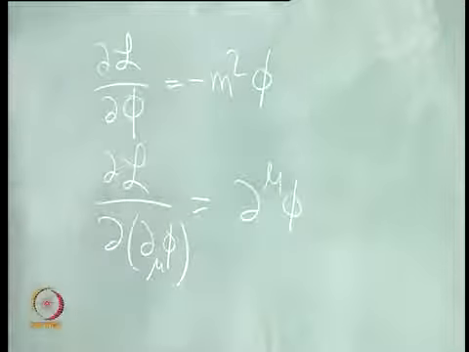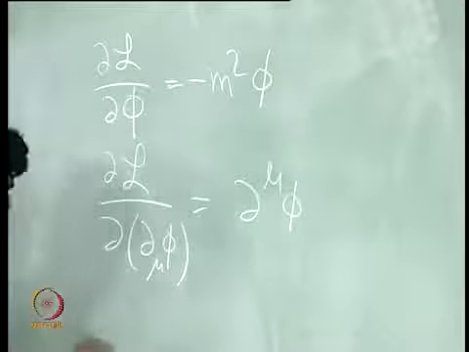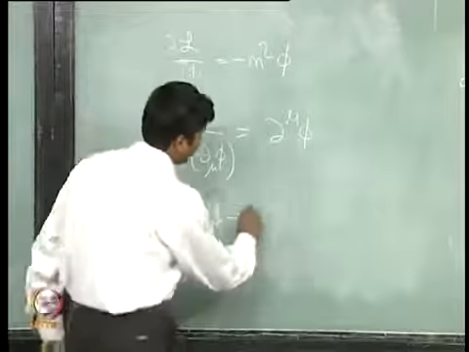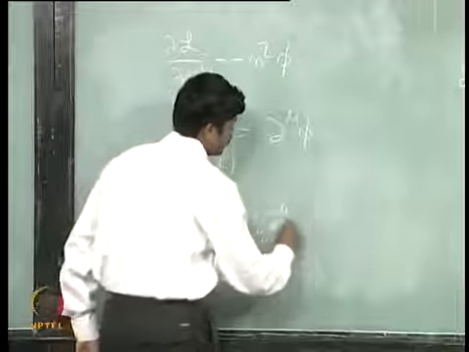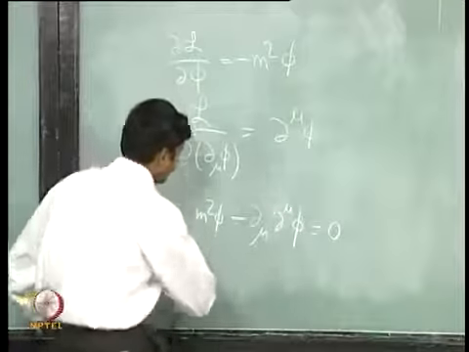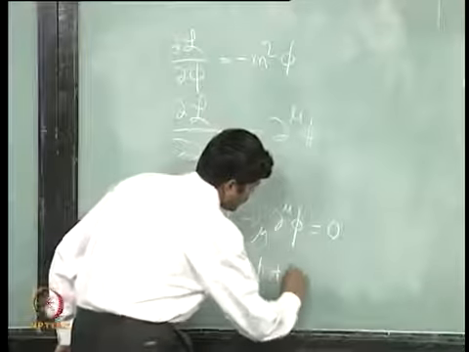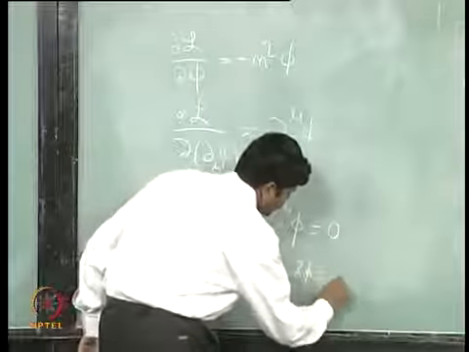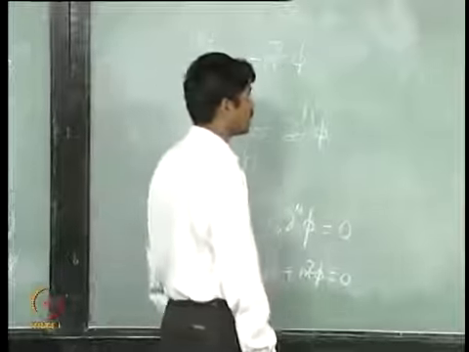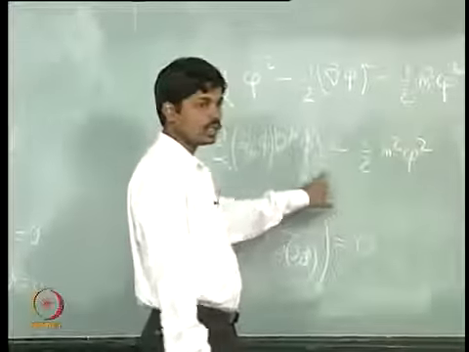Now we can substitute these in the equation of motion, and we see minus m square phi minus del mu del mu phi is equal to 0, or in other words del mu del mu phi plus m square phi is equal to 0. What we find is the Klein-Gordon equation. So, this field here is actually a Klein-Gordon field.